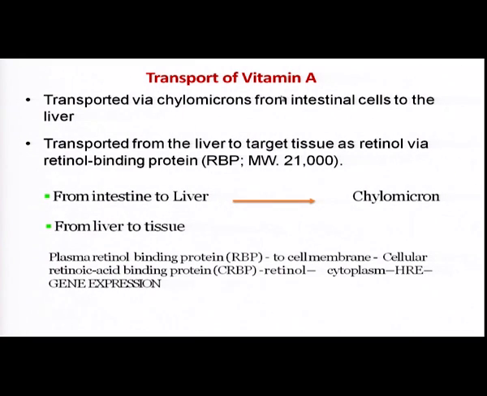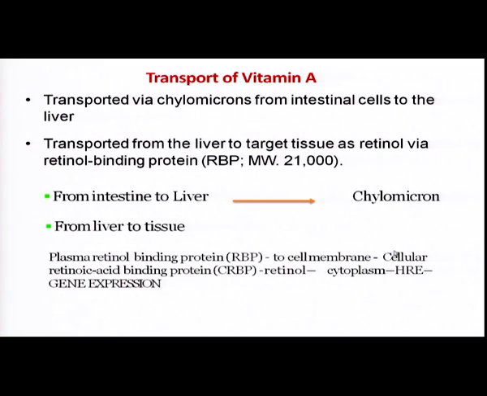So, when we look at the transport, this is very interesting because we need to know the bioavailability profile. To understand the bioavailability profile of vitamin A, we also need to understand how they are transported across. So, you see that they are transported via chylomicrons from intestinal cells to the liver.